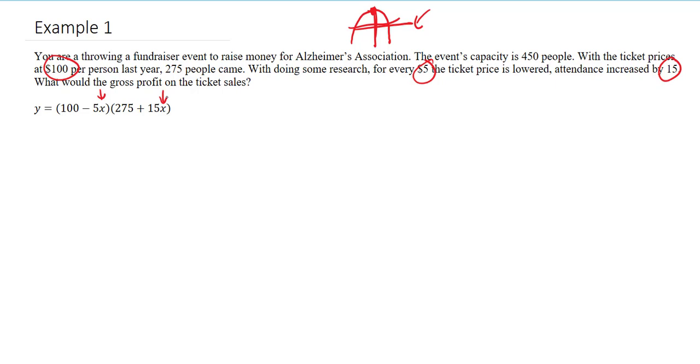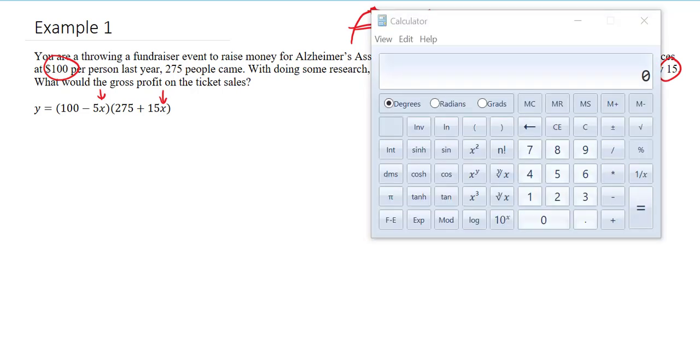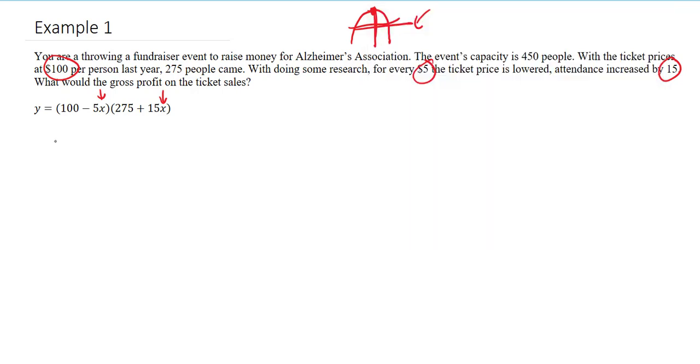So x is our variable. Now let's go ahead and multiply out. We'll just use the FOIL method. We have 100 times 275, and we get 27,500. So we did these. Let's now do these. So 15 times 100 is going to be 1,500x.